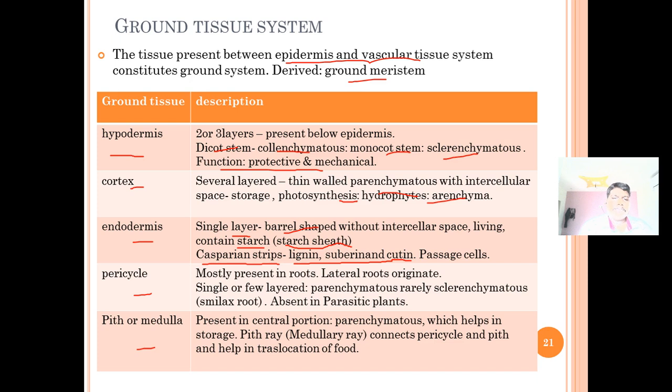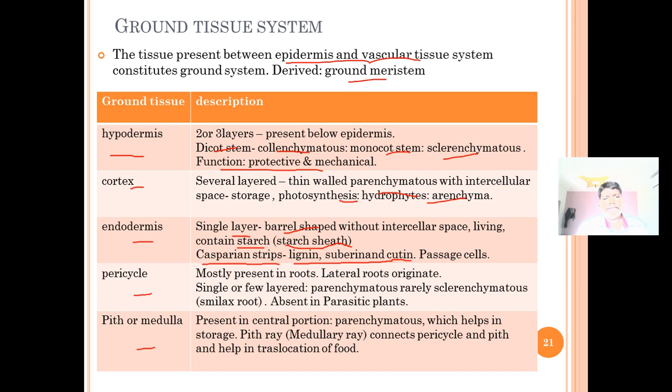The endodermis is completely stripped with these, but there are certain cells where lignin, suberin and cutin are not present. Those cells are called passage cells. Through the passage cells only, the absorbed water is transported from the cortex region to the protoxylem.